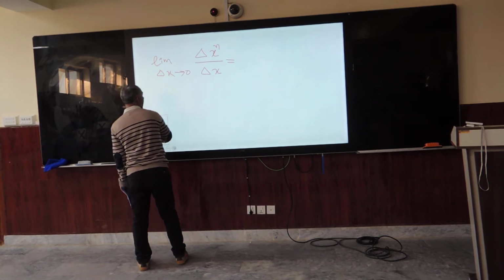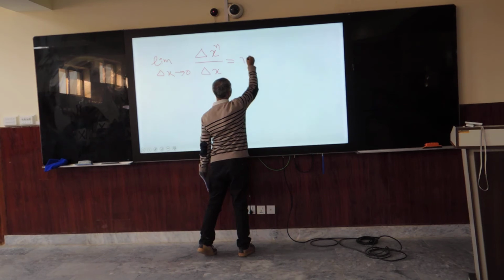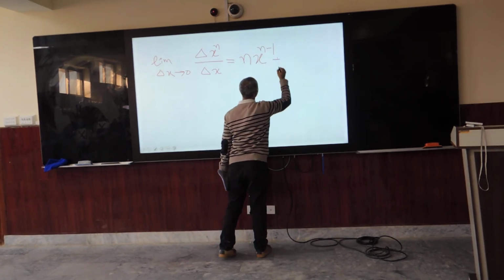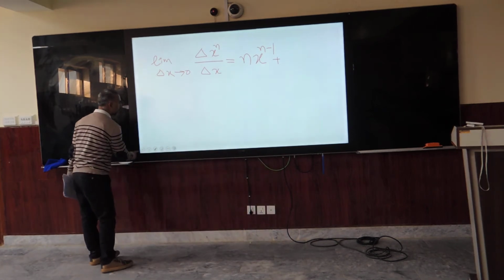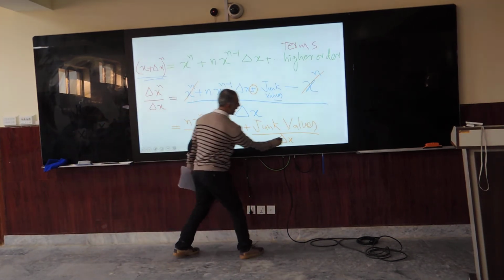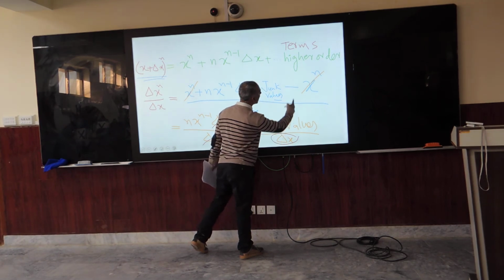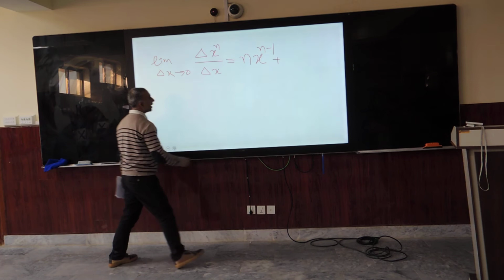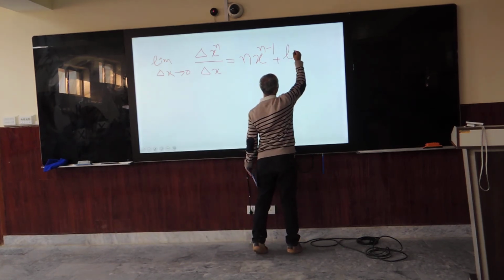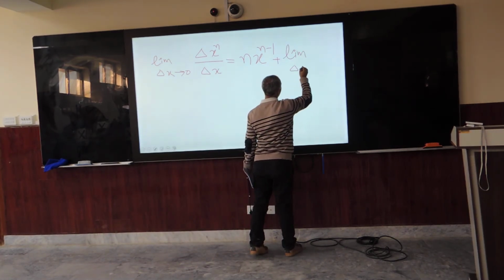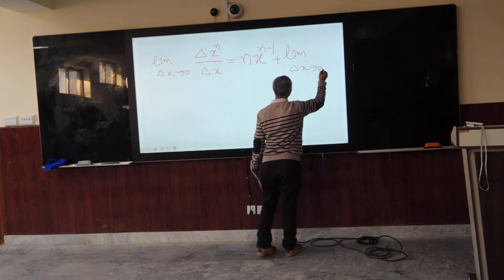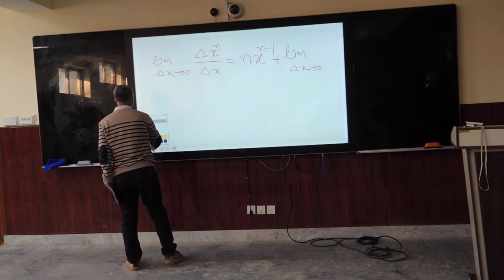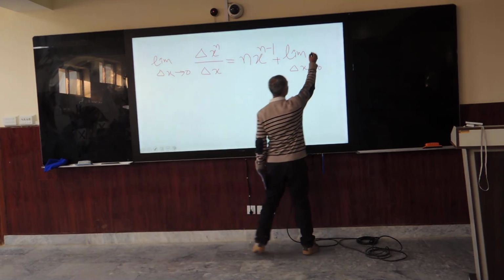So we should write it as it is, n x n minus 1, plus, in the next part, we have delta x and the higher orders of delta x. So we will apply the limit, delta x approaches 0, to all the junk values divided by delta x.